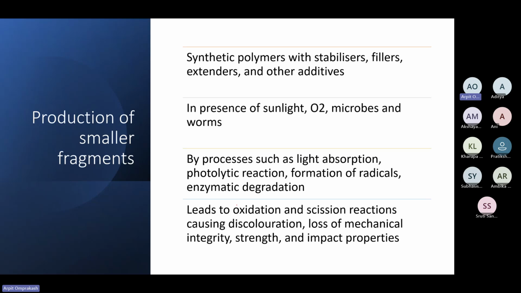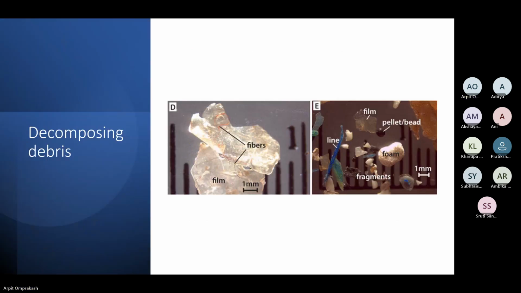Oxidation is any reaction that involves the addition of oxygen to something, and scission is cutting of molecules into two or into many parts. So this is how debris that is decomposing looks. For example, here we have a plastic bag and a plastic film from which you can see fibers coming out.